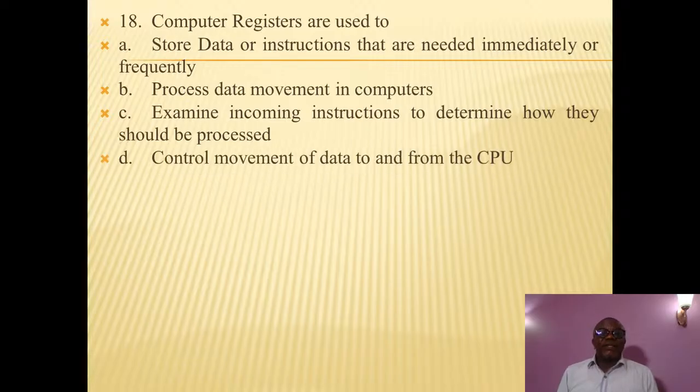And finally, control movement of data to and from the CPU. Of course, the registers do one thing, and that is store data or instructions that are needed immediately or frequently.